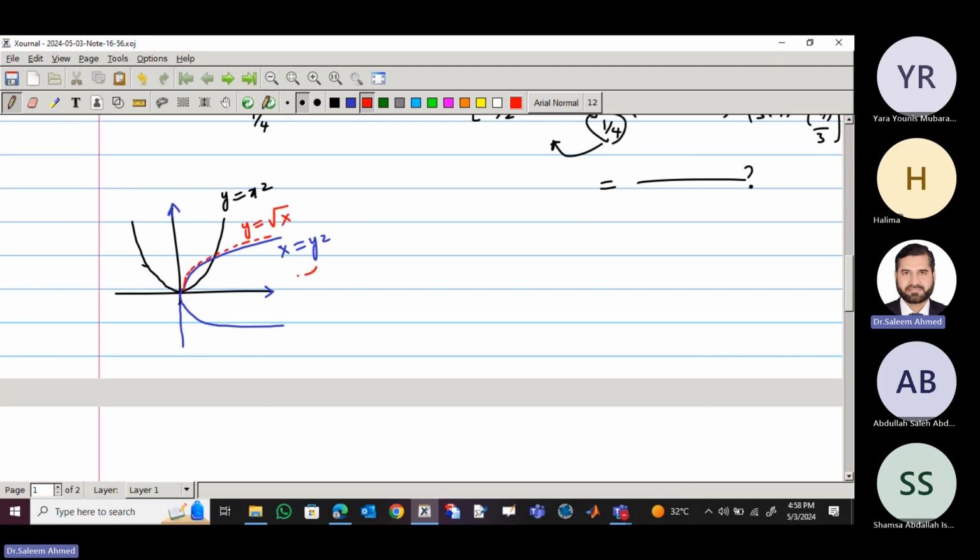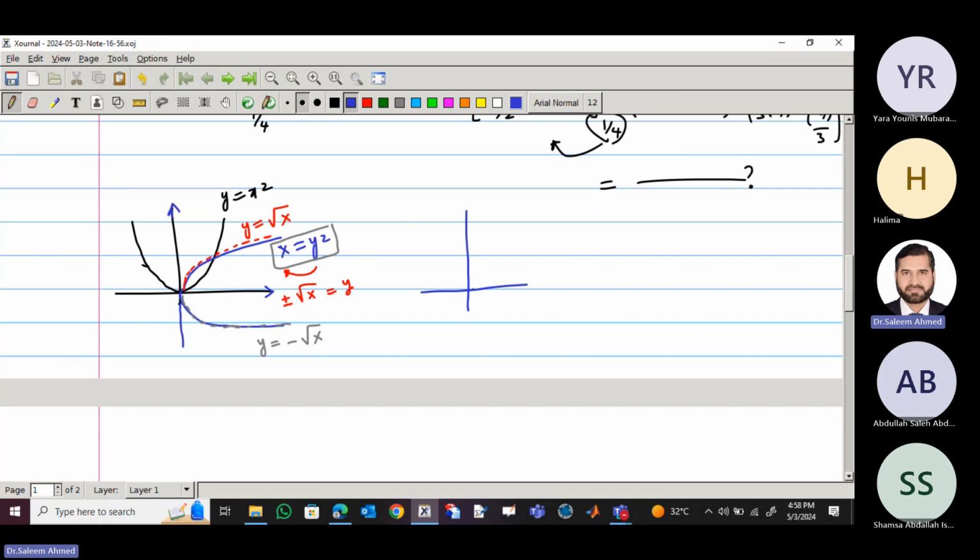From here, if I take the square root, it will give me plus and minus square root of x. So plus square root of x is above and minus square root of x is below, this down portion. So there are two curves in the blue one. If you write the blue curve together, then it is x equal to y squared. But if you write them separately, it is y equals plus square root of x and y equals minus square root of x.